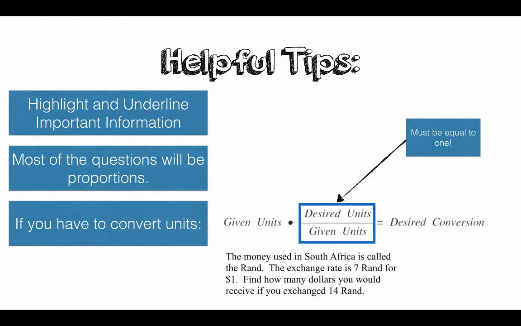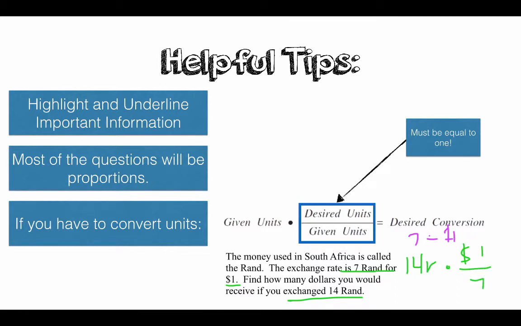Finally, if we look at one we didn't do, 7 Rand for $1: 7 Rand equals 1 US dollar. Now I have to highlight my important information: the exchange rate and how much money I have. I go 14 Rand, multiplied by the unit conversion of 1 to get to US dollars, so 1 over 7.